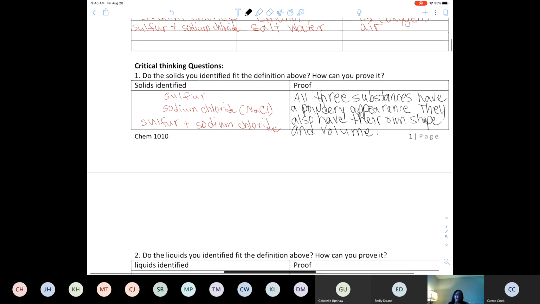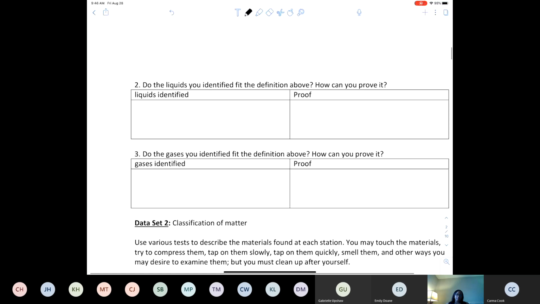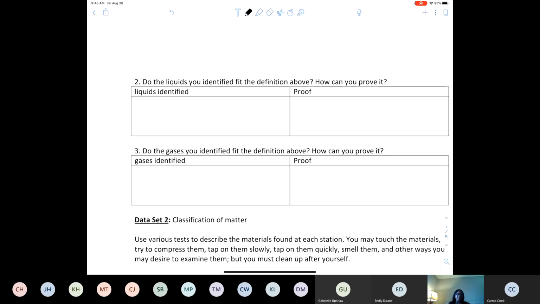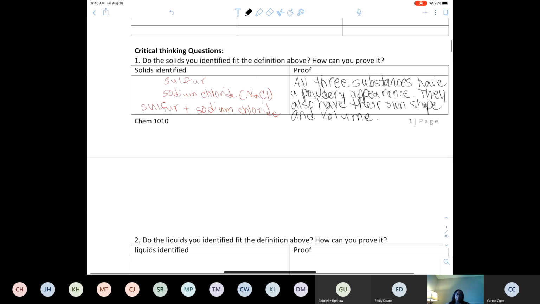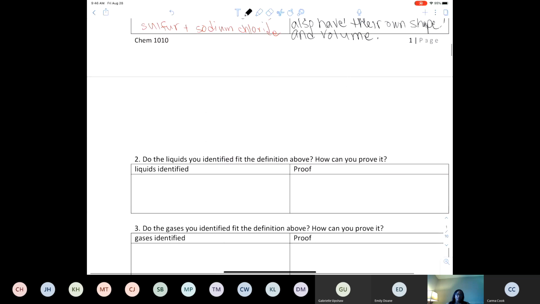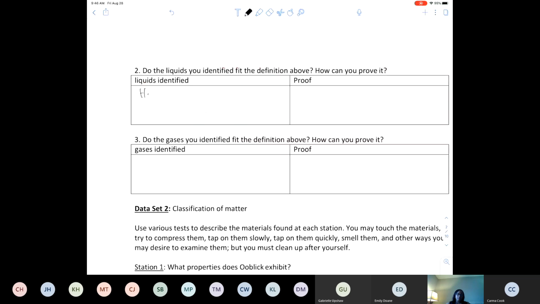And so you'll go on and do the same thing for the 3 liquids that you identify. And then give me a proof that proves that these 3 substances are liquids.